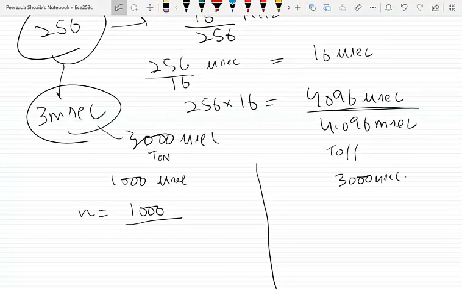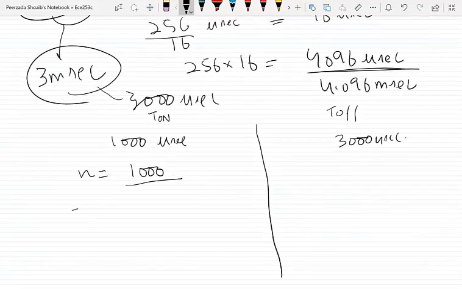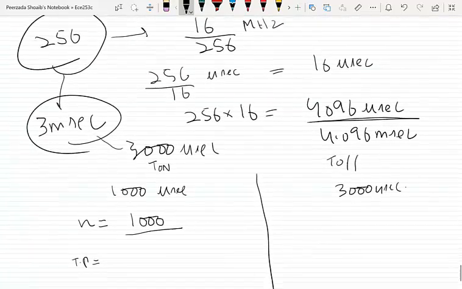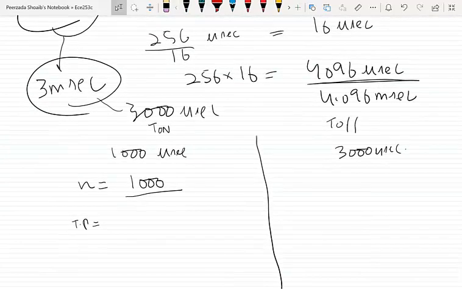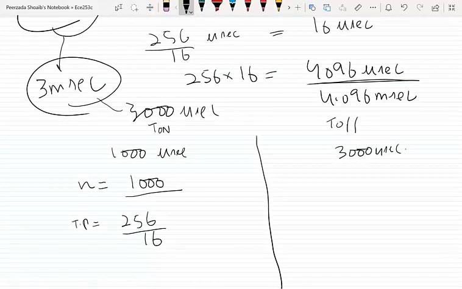The time period of the timer will be, since the frequency is divided by 256, multiplied by 256. Frequency is 16 divided by 256, so time period will be 256 divided by 16, that is 16 microseconds.